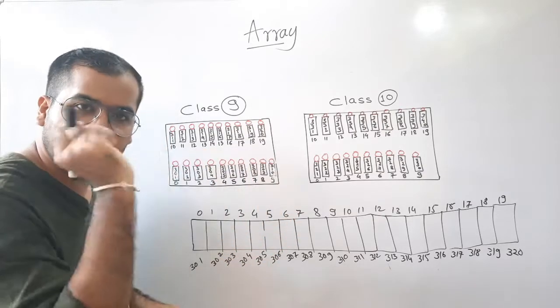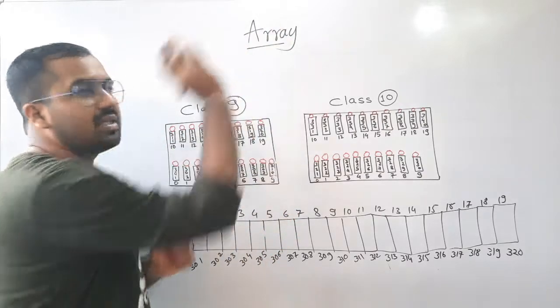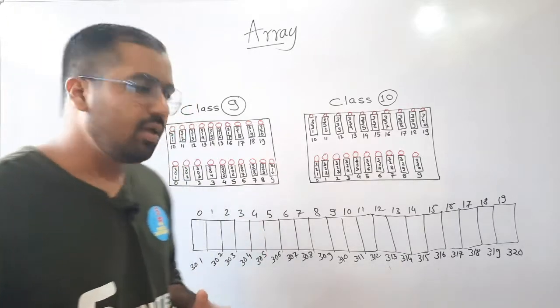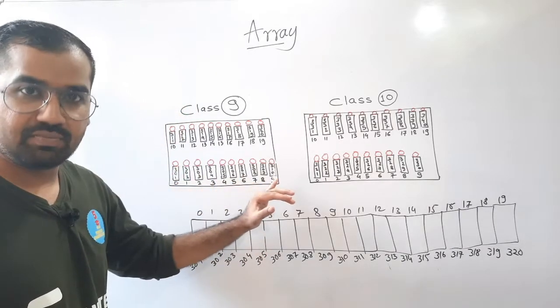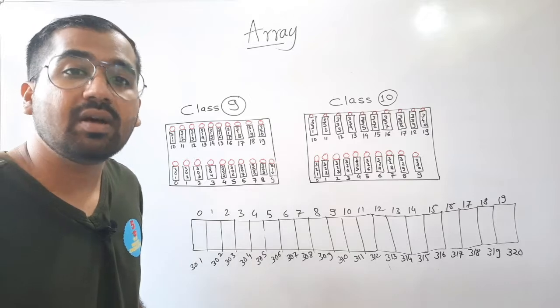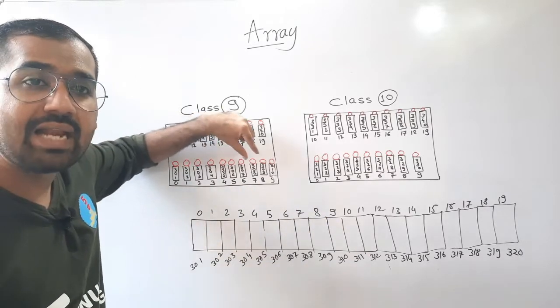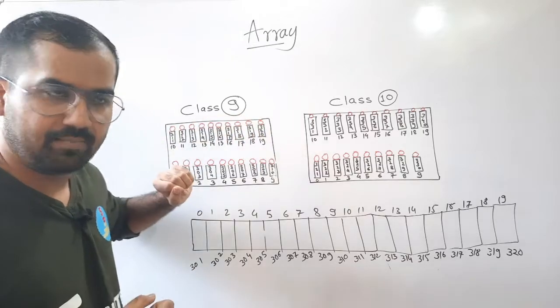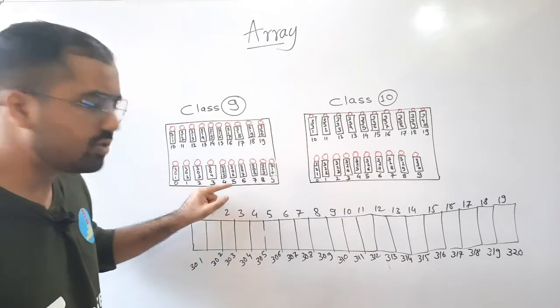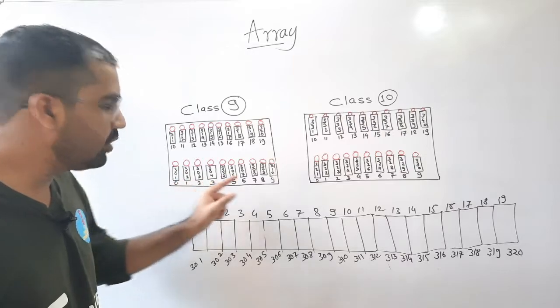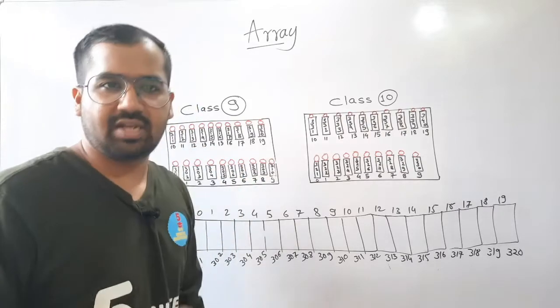So students are nothing but the data, this classroom is nothing but the array data structure, and these bench numbers are nothing but the memory locations at which your data elements, or array elements, are located. And then come these roll numbers, which we were calling 0, 1, 2, 3. These are nothing but the index.